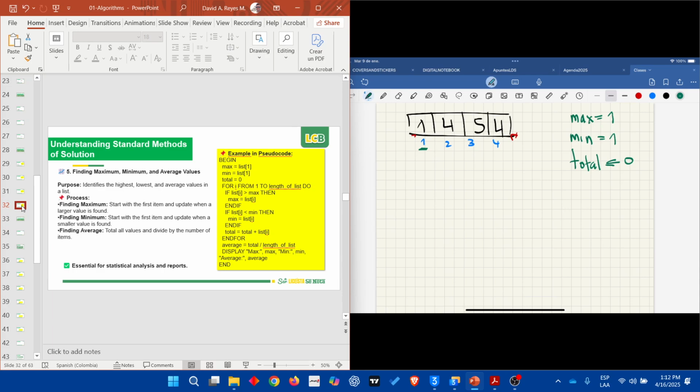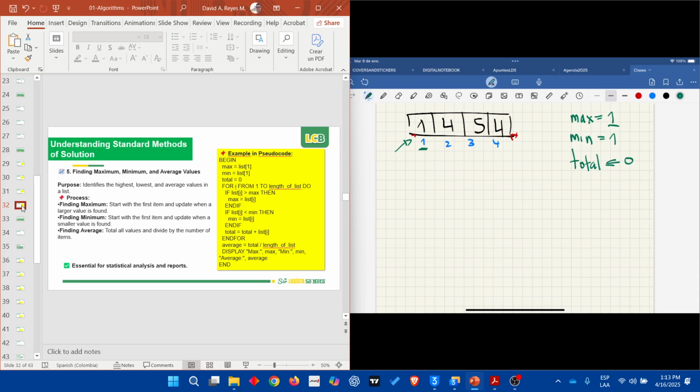Okay. Now let's continue. Now we are in the loop. Is the item in the first position greater than max? So max is 1. And the number in the first position, in this case, is 1. Is 1 greater than 1? No, nothing happens.